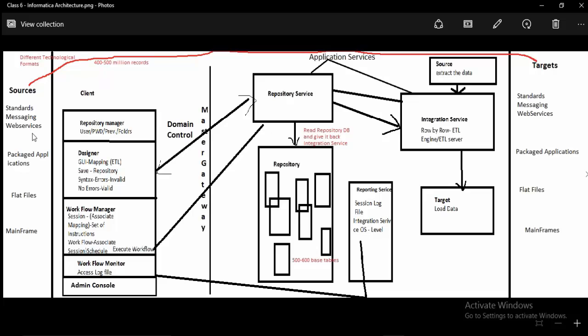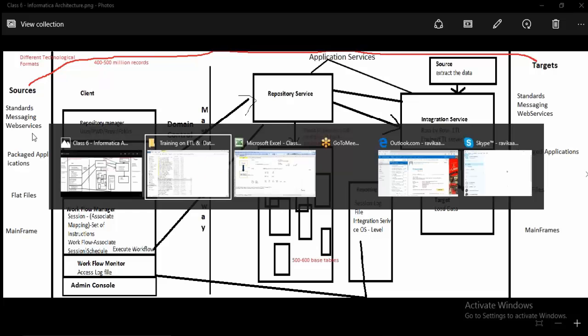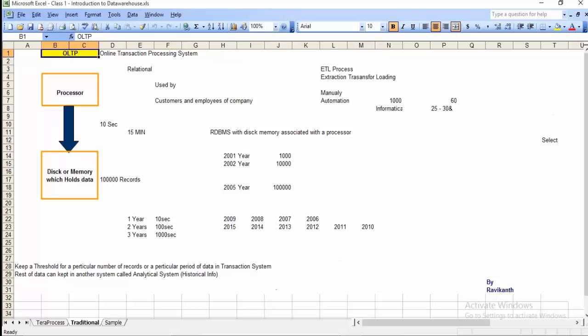Before I go ahead, as I said, we are extracting the data from OLTP systems. These OLTP systems might not be a single technological system. The live data you are storing might be in multiple technological systems.